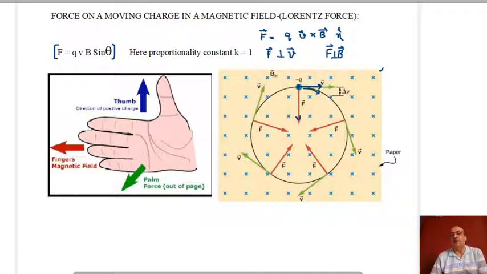The magnetic field is represented by the cross sign, that is, the magnetic field is perpendicular to the plane and inward. Hence, the Lorentz force F is perpendicular to the motion of the charged particle as well as perpendicular to the magnetic field.